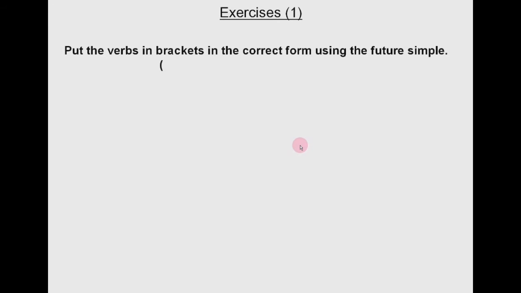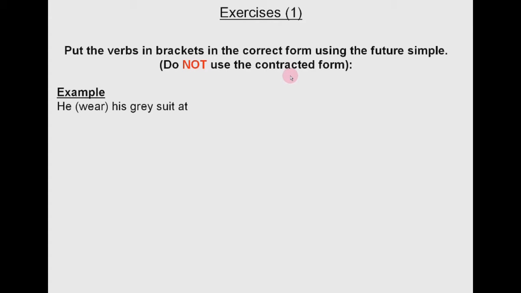So let's do some exercises. I would like you to put the verbs in brackets in the correct form using the future simple, and do not use the contracted form. Example. So I want you to put the verb wear in the future simple. And the answer is, he will wear his grey suit at the party.